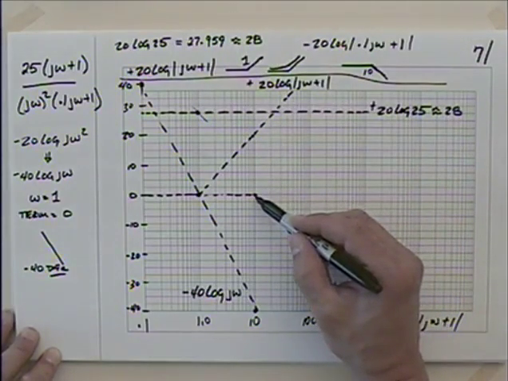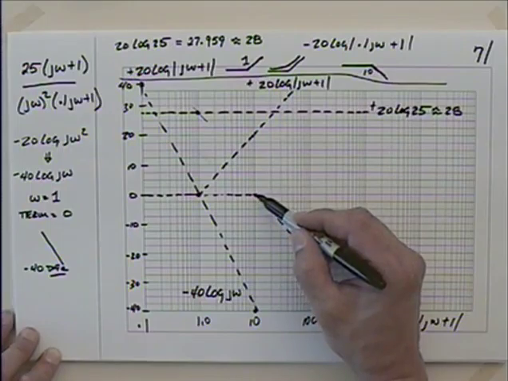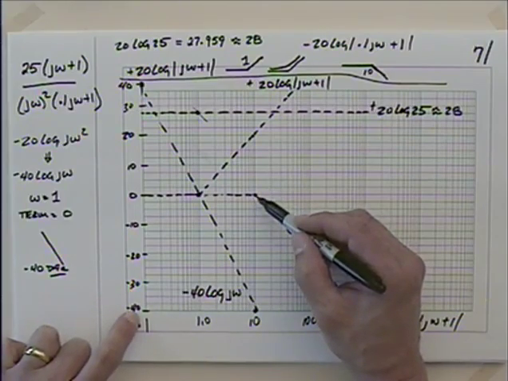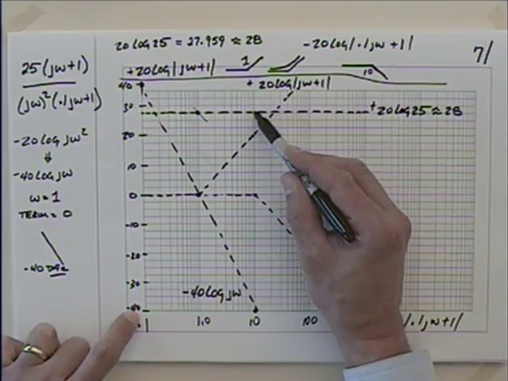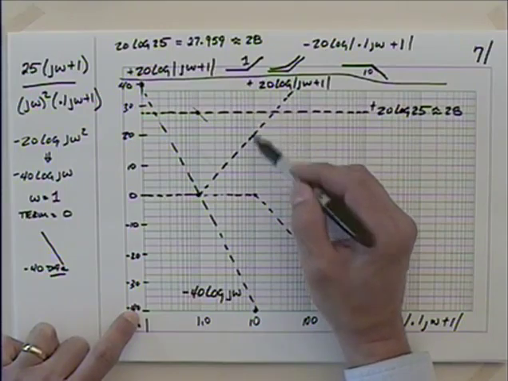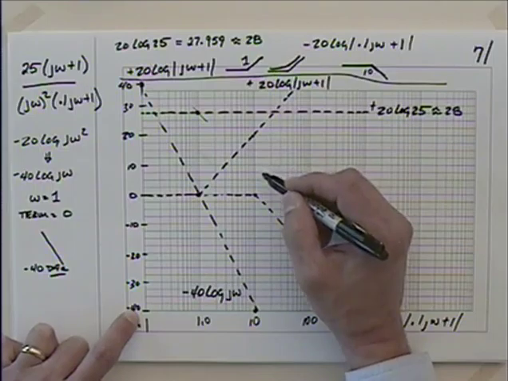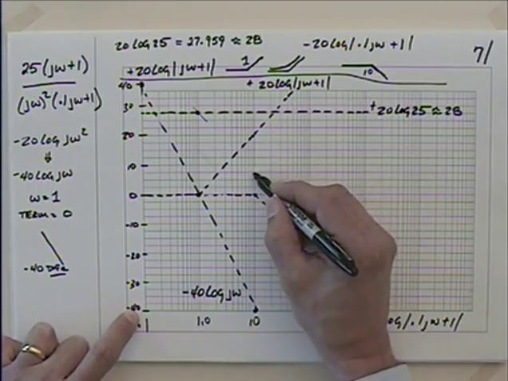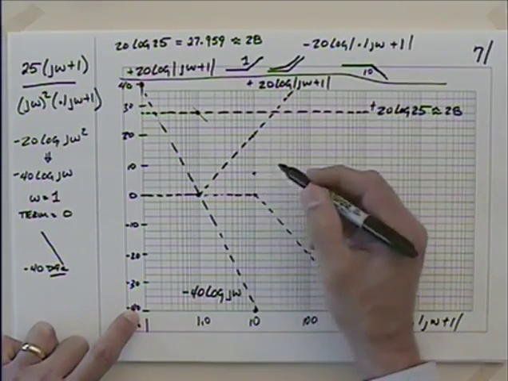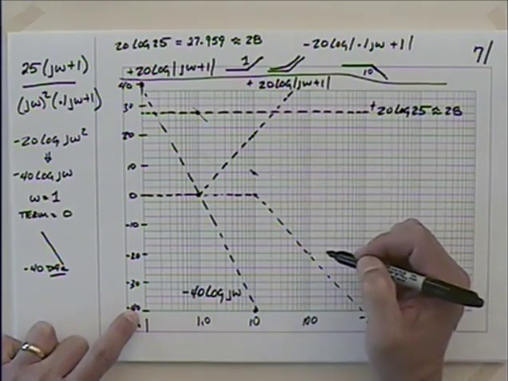And what am I going to get over here at 10? Is that going to be 28 minus 20? Well, I'm going to be at 20, and 28 gives me 48, minus the 40. So I'm going to be at about 8, right? I'm going like that.